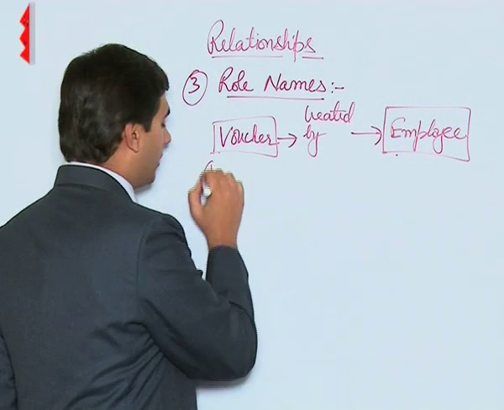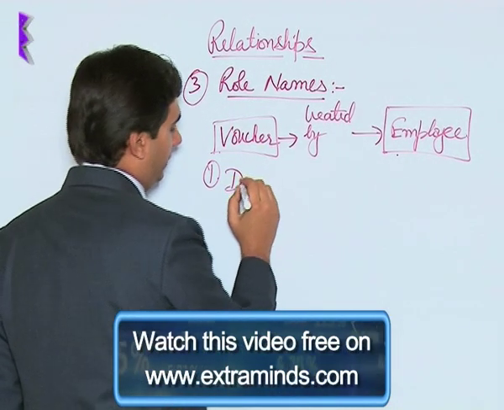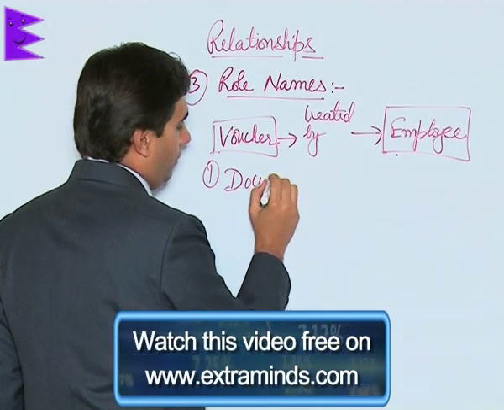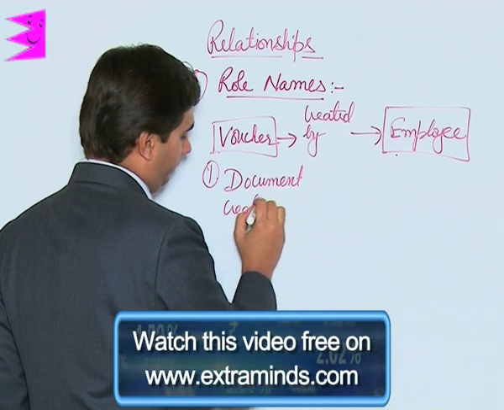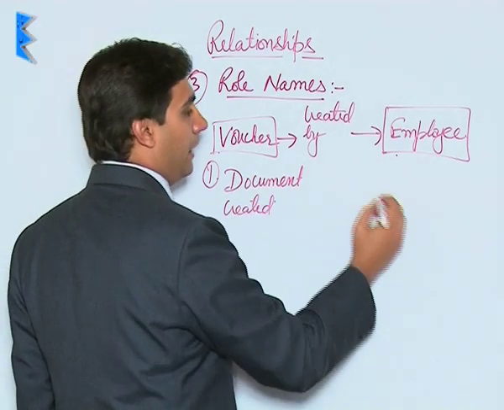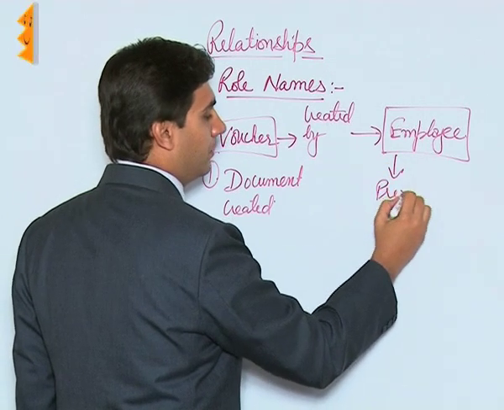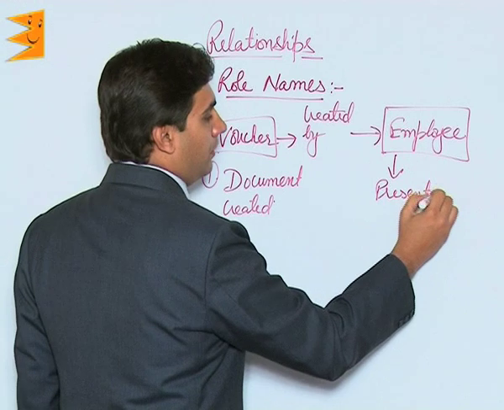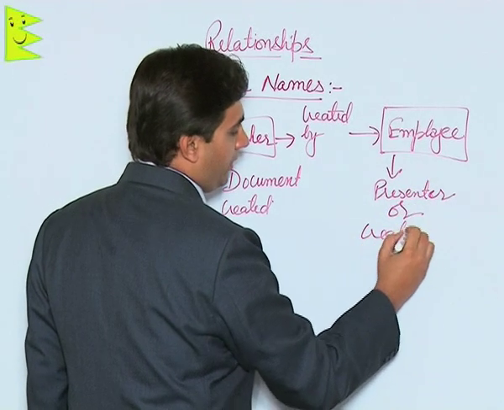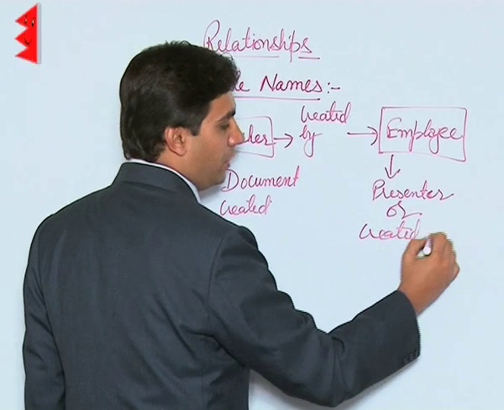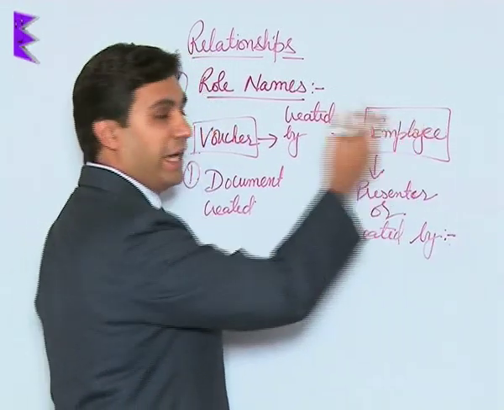So voucher has a role name of document created. And employee would be actually presenter or created by. He is playing the role of a creator, so it would be highlighted as created by the name of this employee.